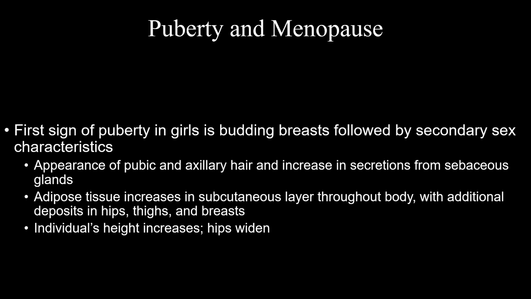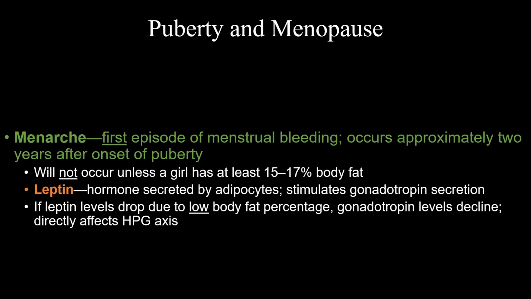There can be increased height and a widening of the pelvis. And approximately 2 years after the onset of puberty, a woman will experience her first episode of menstrual bleeding called menarche.